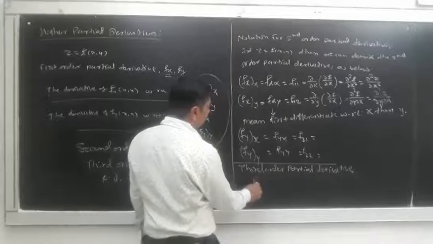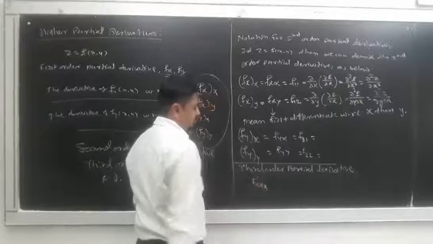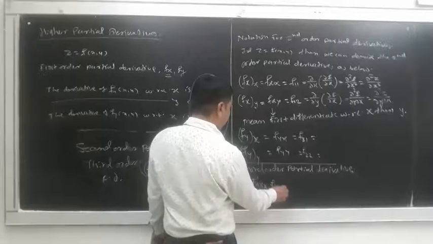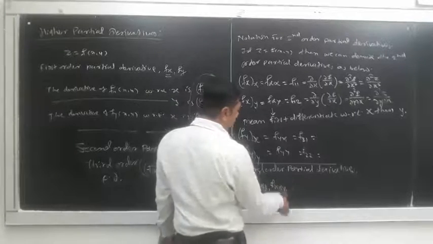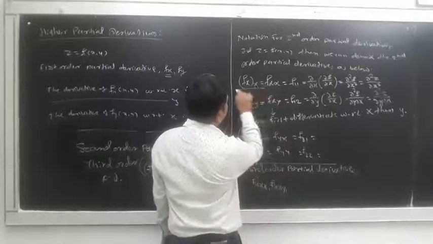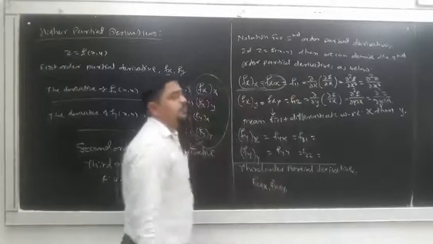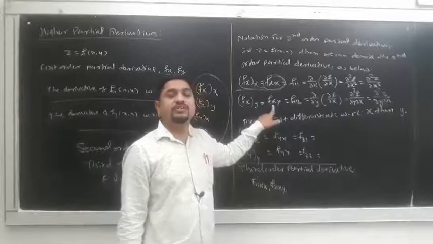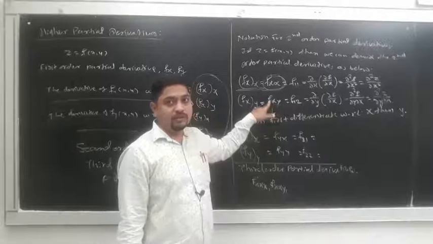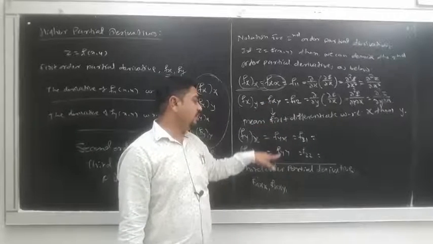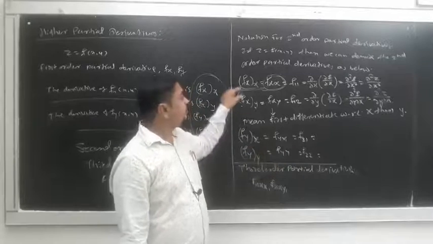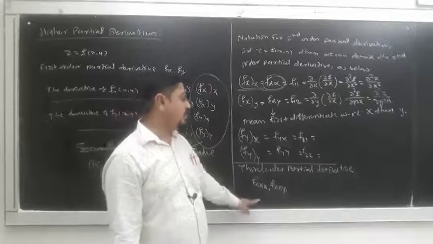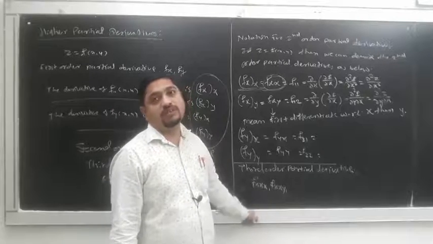Mostly we can write it as fxx, or we can write it as fxxy. So the first one, we have to differentiate with respect to x, then with respect to y. Again this, again this. So how many derivatives do you get? 2, 4, 6 and 8. You get 8 third order partial derivatives.